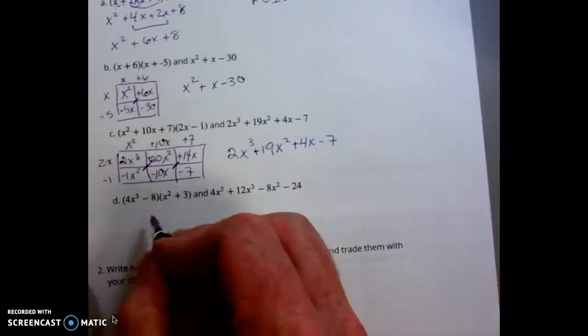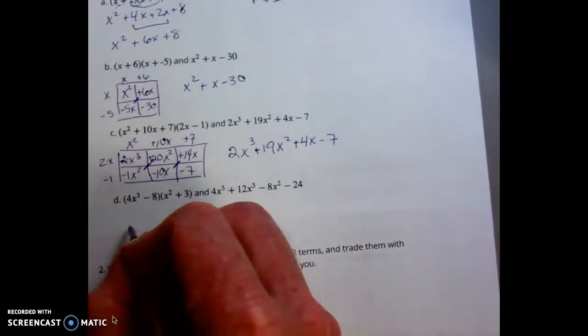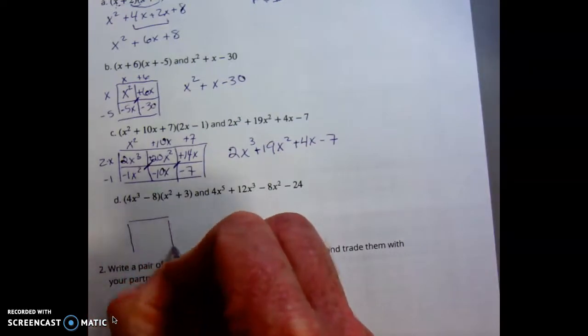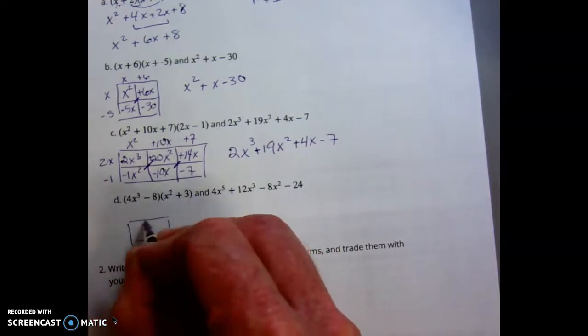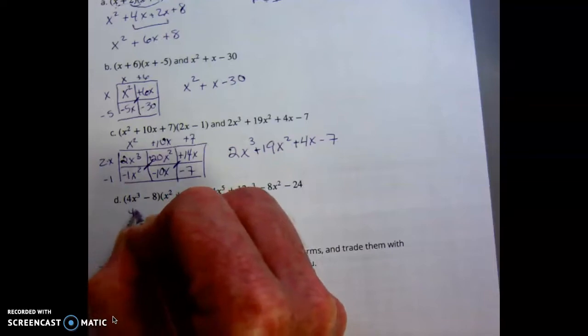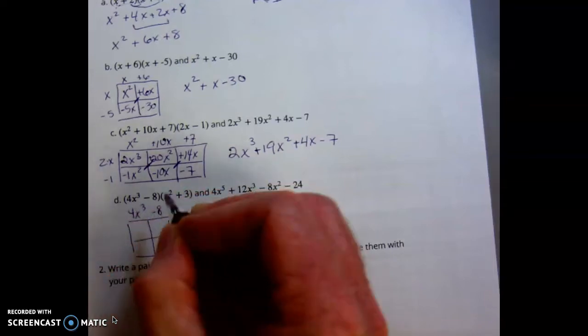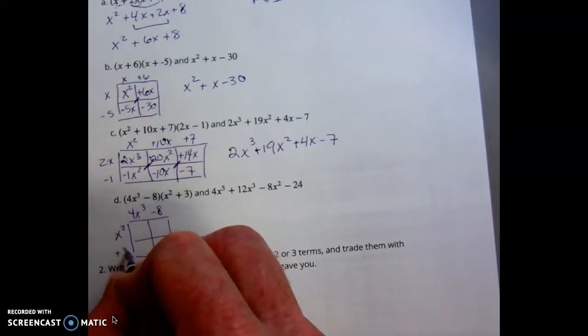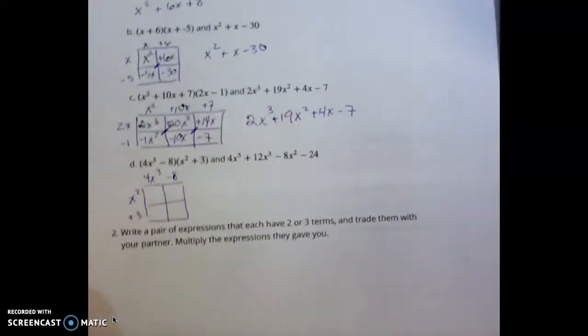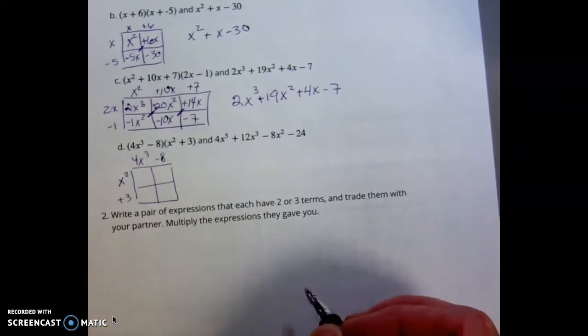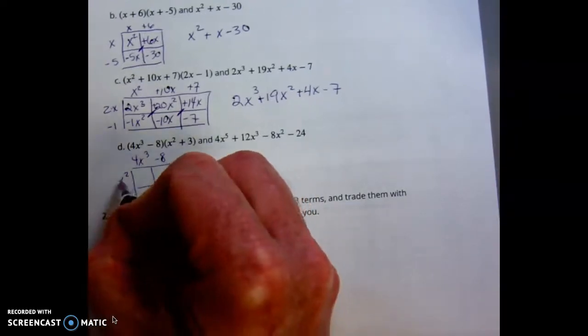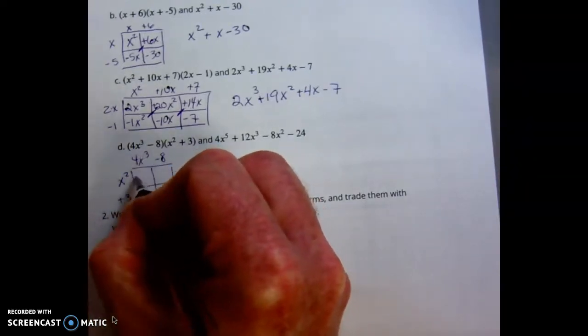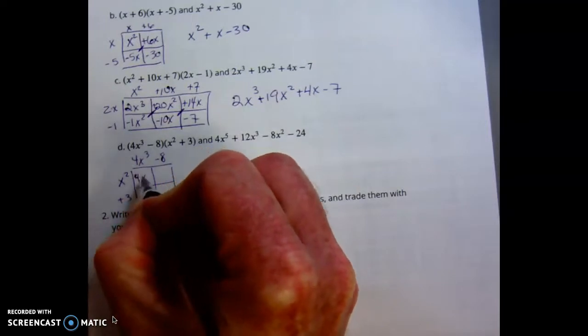Okay? All right. Let's try box method again down here. I like the box method. So I've got 4x cubed minus 8 on the top, x squared plus 3 on the side. Okay? So x squared times 4x cubed would be 4x to the 5th.